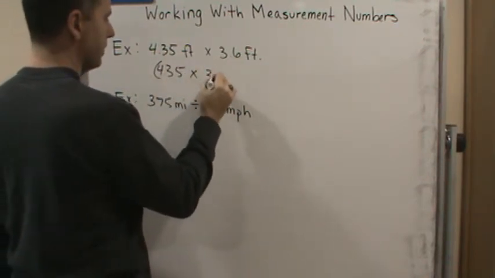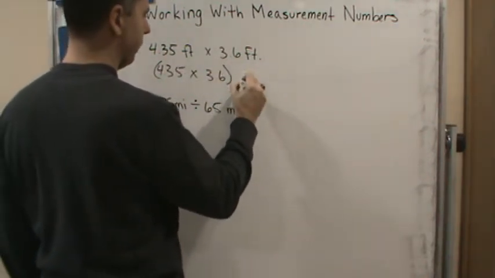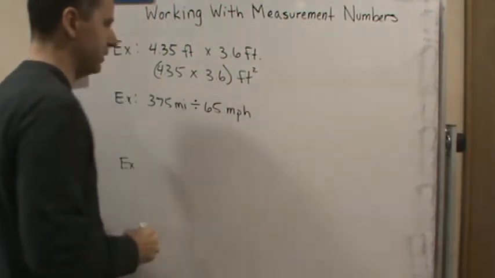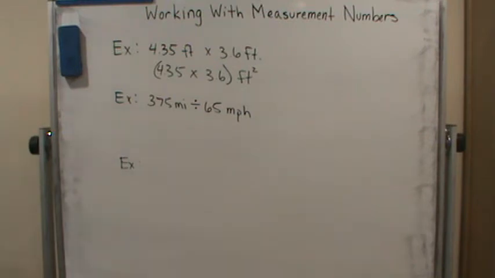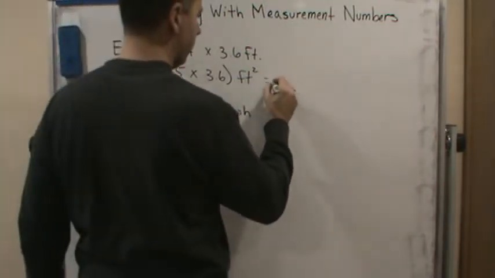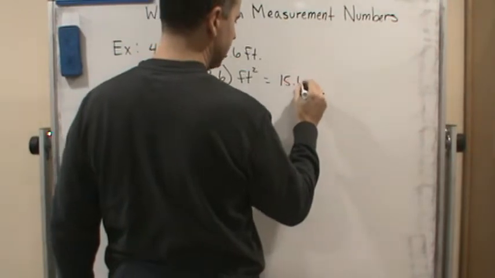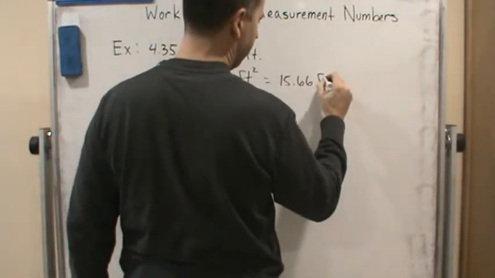Here we're going to just multiply 4.35 times 3.6, and of course this is going to be square feet. When we do that, we get 15.66 square feet.